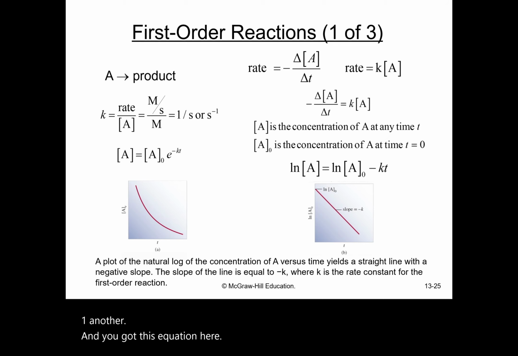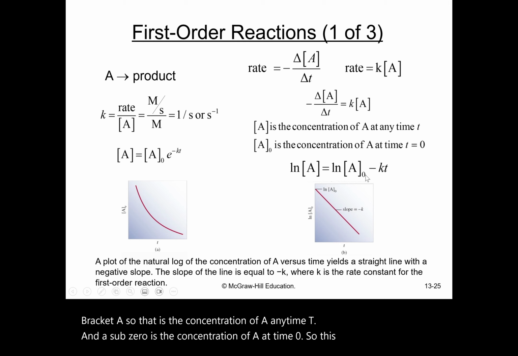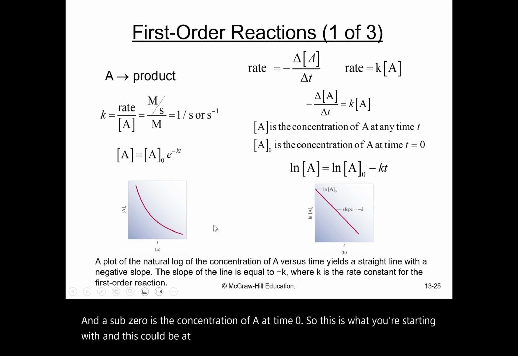So bracket A is the concentration of A at any time t, and A sub 0 is the concentration of A at time 0. So this is what you're starting with, and this could be at any time.